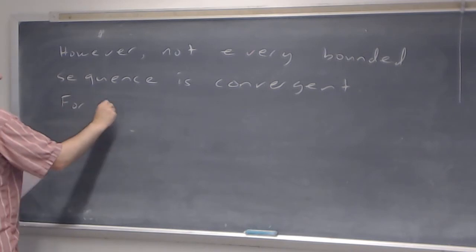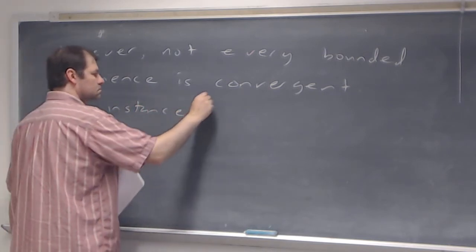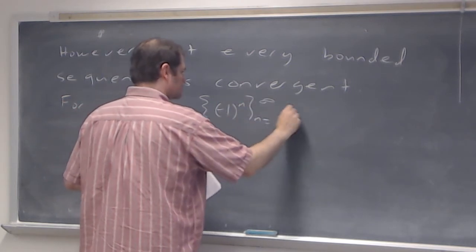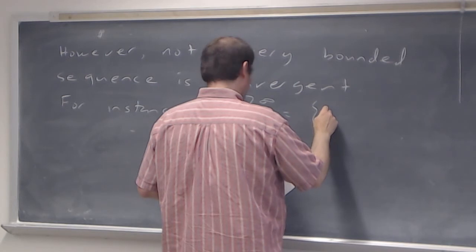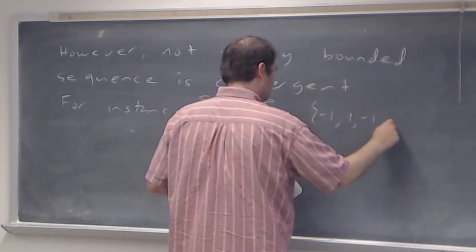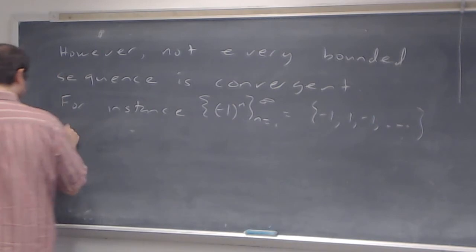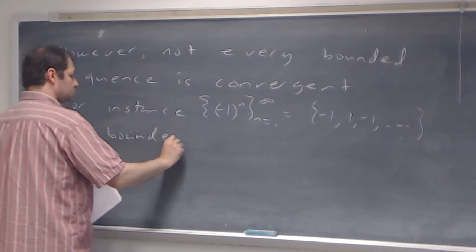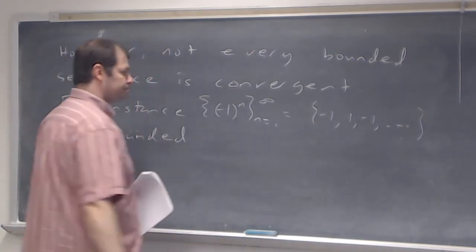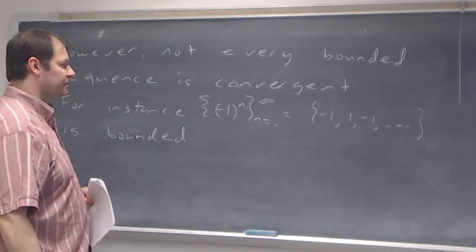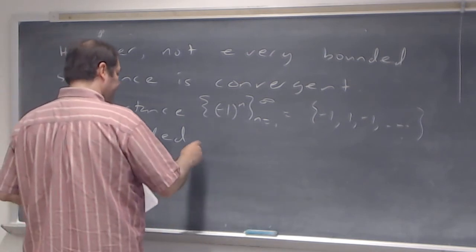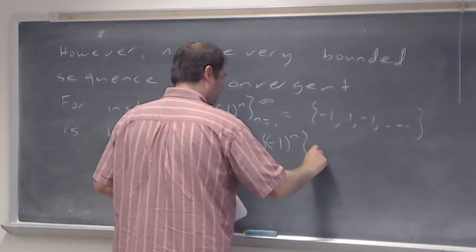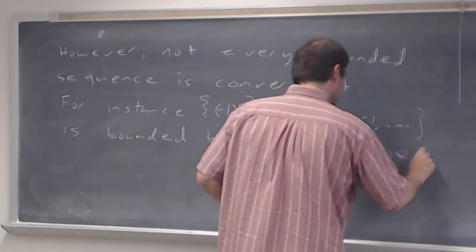For instance, (-1)^n, which equals -1, 1, -1, forever, is bounded, because the distance of all these points from 0 will be less than 2, if you will. It's bounded, but (-1)^n does not converge.